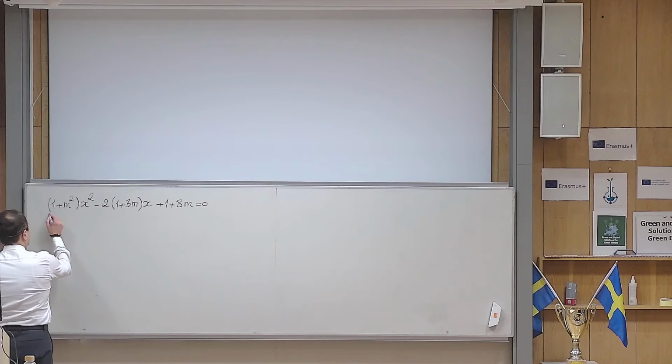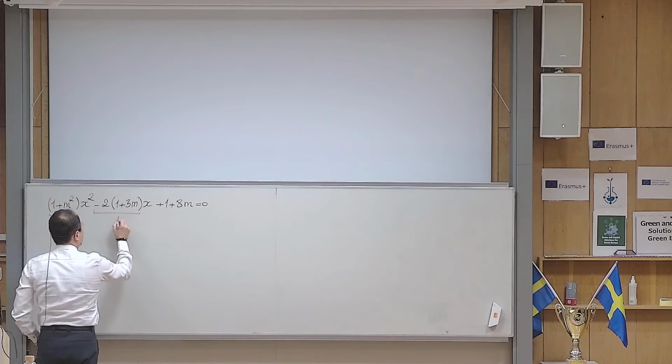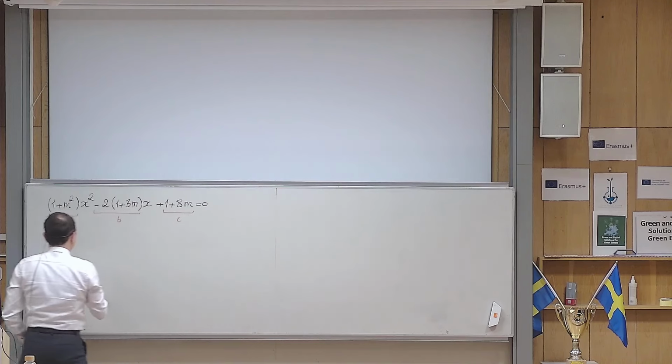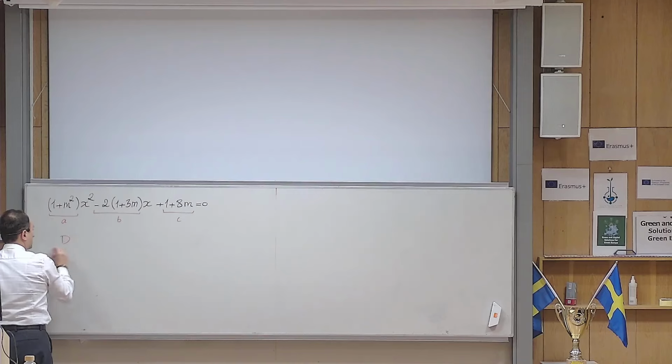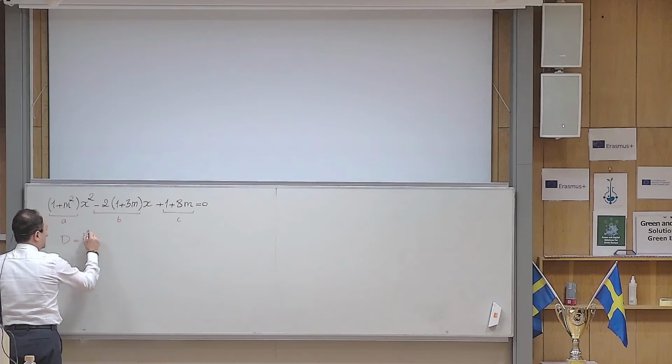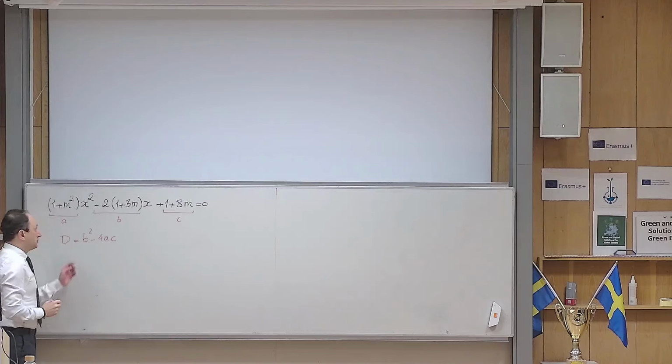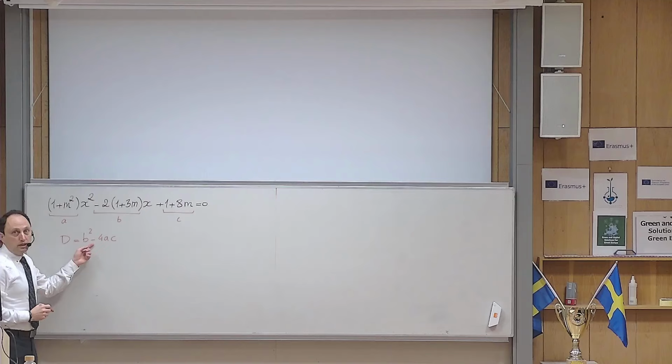If I take this coefficient to be a, this coefficient to be b, and this coefficient to be c, then the discriminant of this quadratic equation is given by b² − 4ac. In order for a quadratic equation not to have any roots, this should be negative.